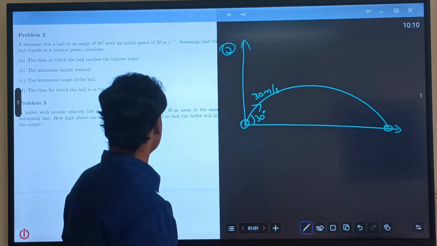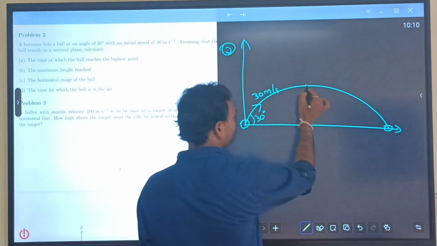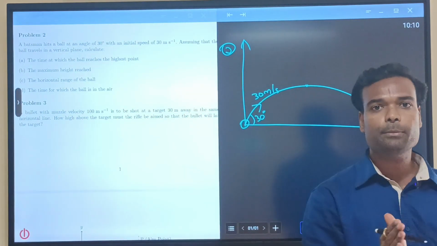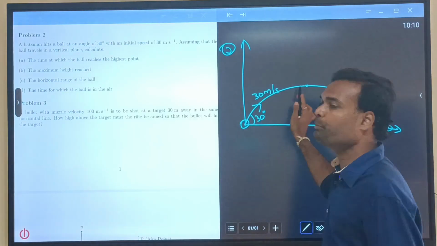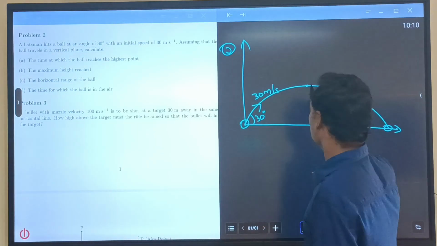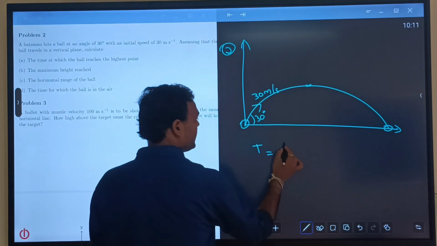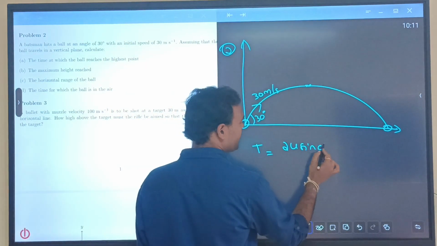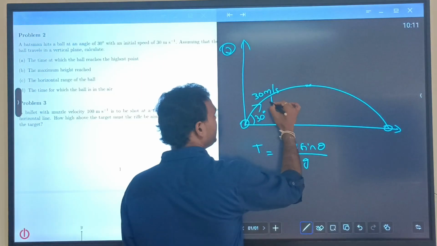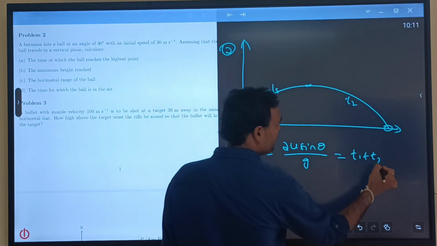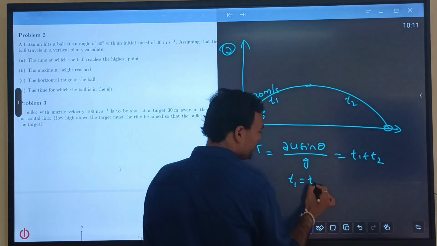The time at which the ball reaches the highest point, this is the highest point. And keep one point in your mind, the time taken by the ball to reach from this point to this point is equal to the time taken to reach from this point to this point. So we know total time of flight is equal to 2u sine theta by g. So this is T1, this is T2, that means the total is T1 plus T2, and we know that T1 is equal to T2.